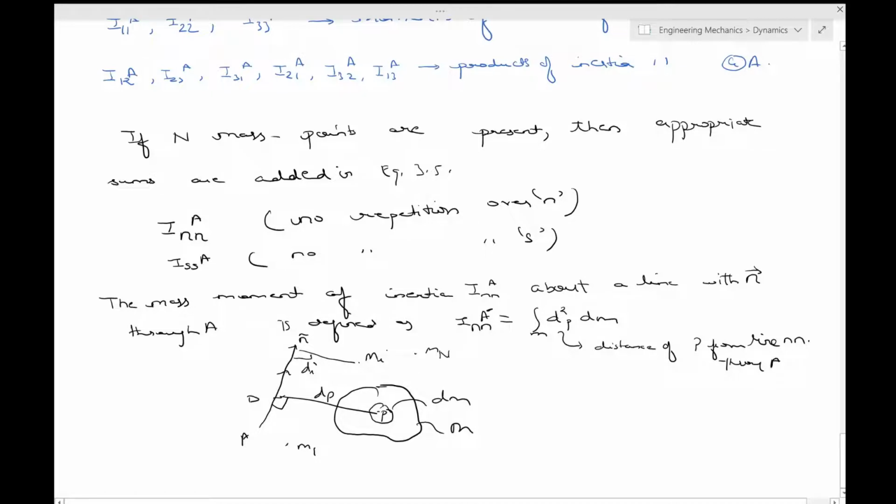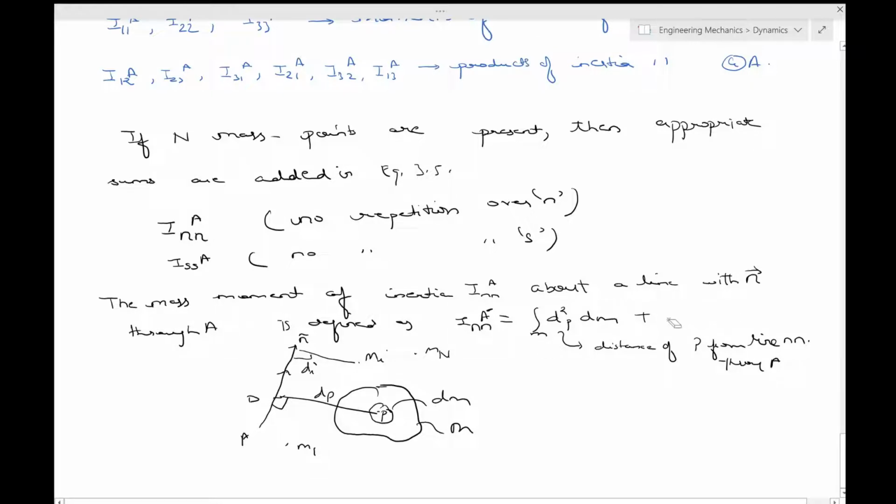In this case INN will be equal to the integral of dp square dm. Now if you have these additional masses m1, m2, m3 and so on, then you will just keep on adding the terms, multiplied by di square into mi.